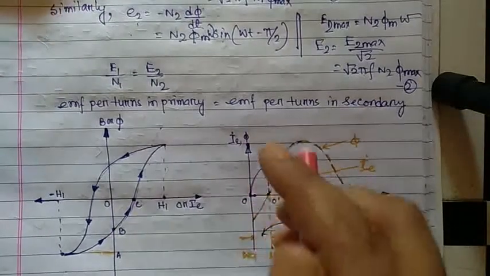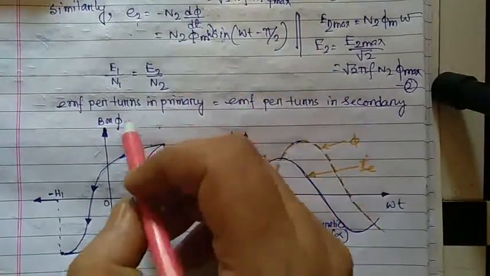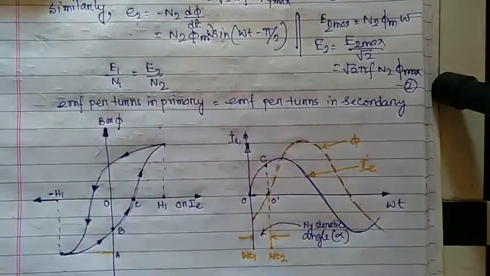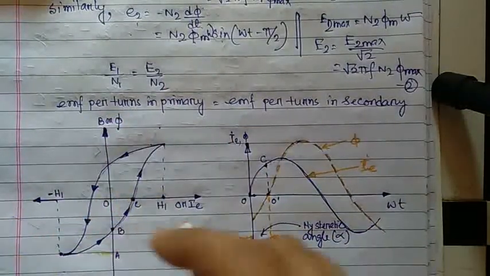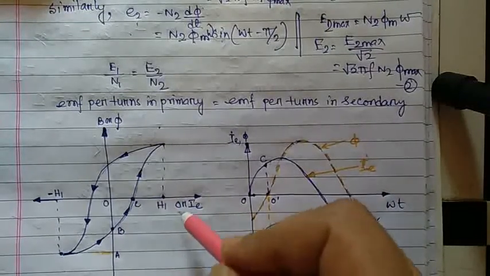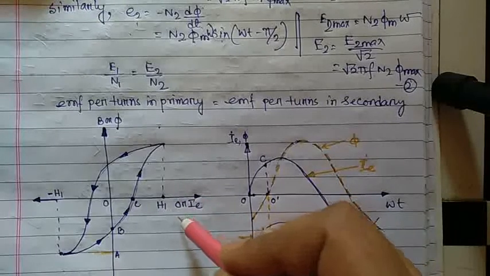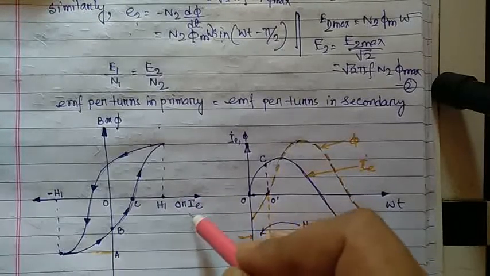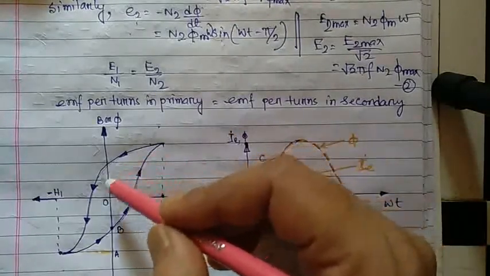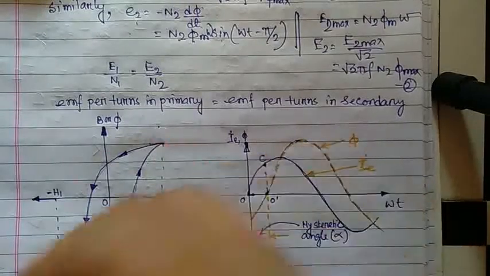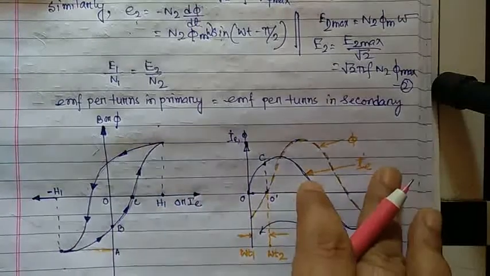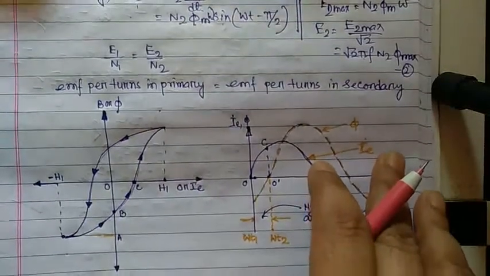Here, flux density and flux are on the same axis. Again, the magnetic intensity H and the exciting current are on the same axis. So we already know this is the hysteresis loop curve. Now look at the curve carefully.